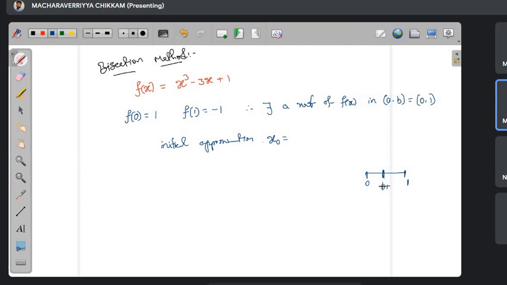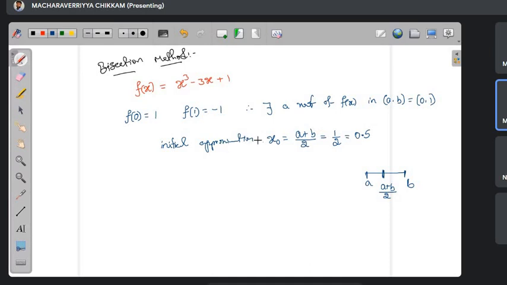You take a plus b and take half of it, isn't it? When you assume this is a and b. So the initial approximation is a plus b by 2, which is nothing but 1 by 2, and you know this is 0.5. So now I'm saying that the root of this function is approximately 0.5.